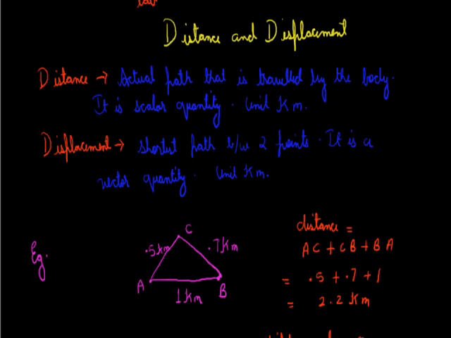Second, distance is a scalar quantity while displacement is a vector quantity. Distance can never be 0 but displacement can be 0 when its final and initial positions are the same. Distance which we consider is always positive, but displacement may be positive as well as negative. So these were a few basic differences between distance and displacement.